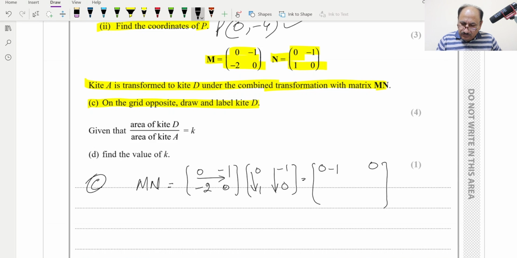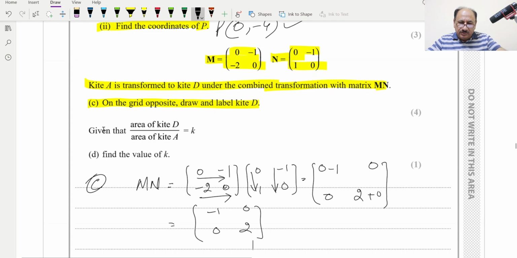Now the second row first column will be -2 into 0 will be 0, and 0 into 1 will be 0, so this term will be 0, and next will be -2 into -1 will be +2, and 0 into 0 will be 0, so +0. And the final Mn matrix which we got is -1, 0, 0 and 2.